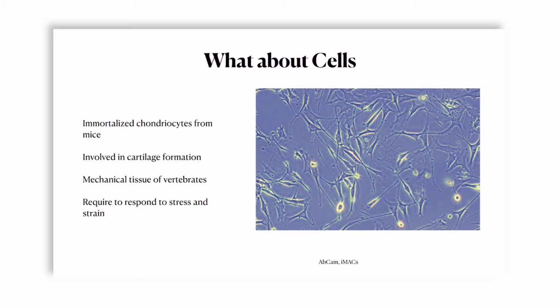Another very obvious example is muscle cells, heart muscle cells, skeletal muscle cells. So here you're looking at a picture of immortalized mouse artificial chondrocytes, IMAX, and experiments that were done on chondrocytes in culture that demonstrate that their behavior is viscoelastic.